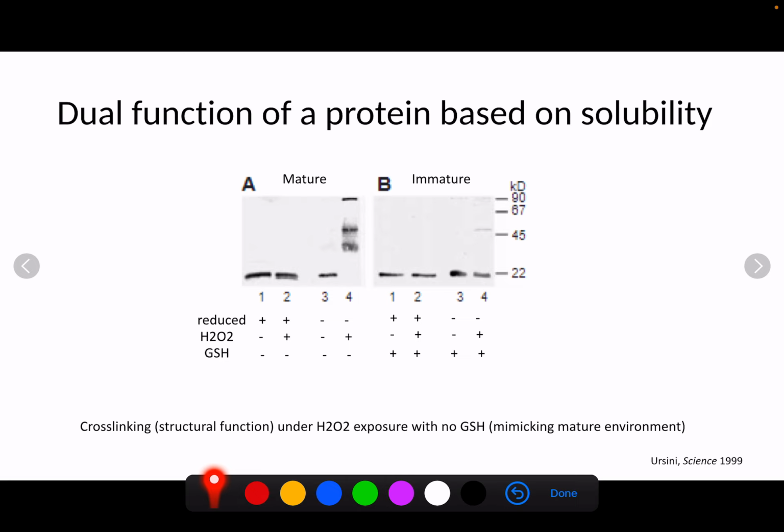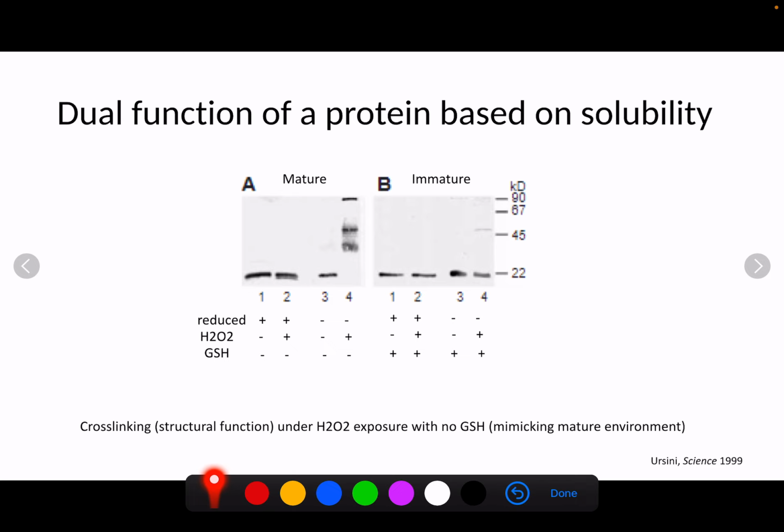So we have here the same protein, but one is from mature and one is from immature sperm. In the mature sperm, we particularly want to look at lane 4. With the presence of H2O2, this causes a cross-link, which makes the protein aggregate or solidify in a sense, and this helps with the structural function of the sperm.